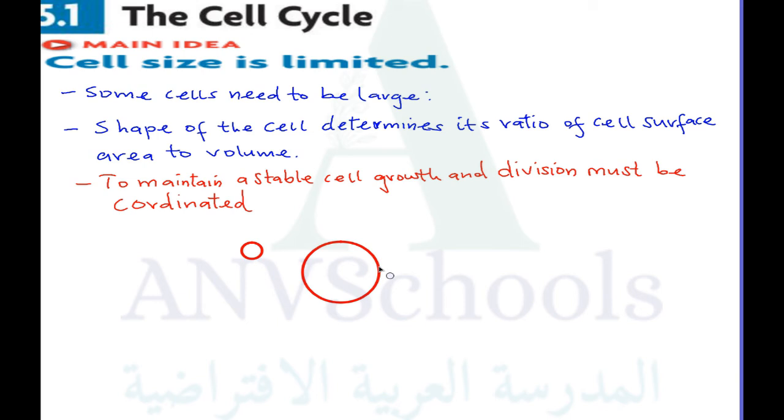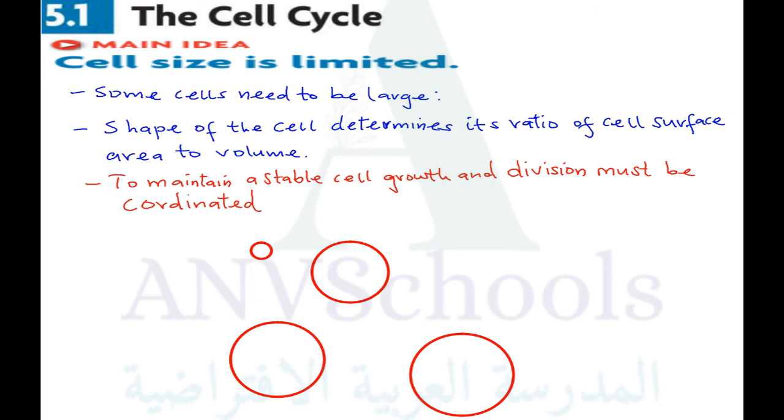So when it grows larger, if it divides, then the daughter cells will also be large in size. That is what we mean. So this is the original cell. These are the daughter cells.